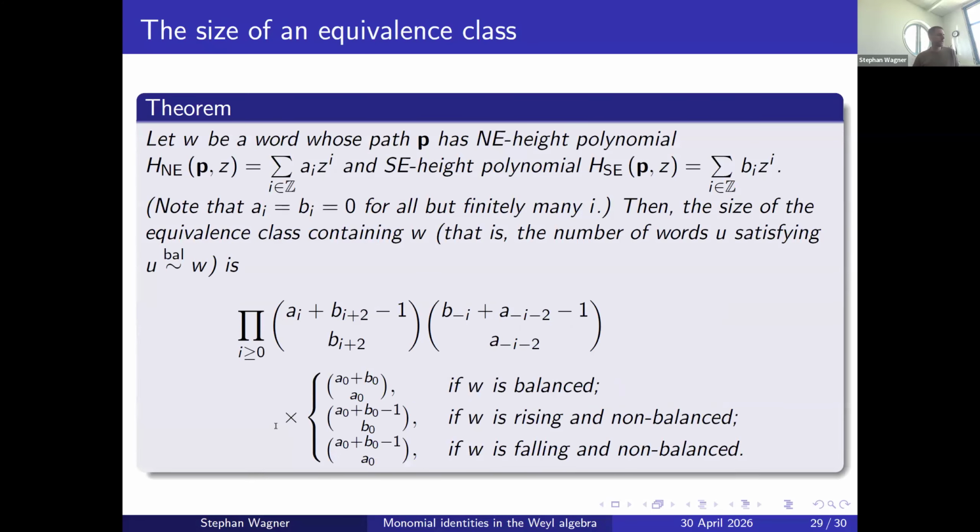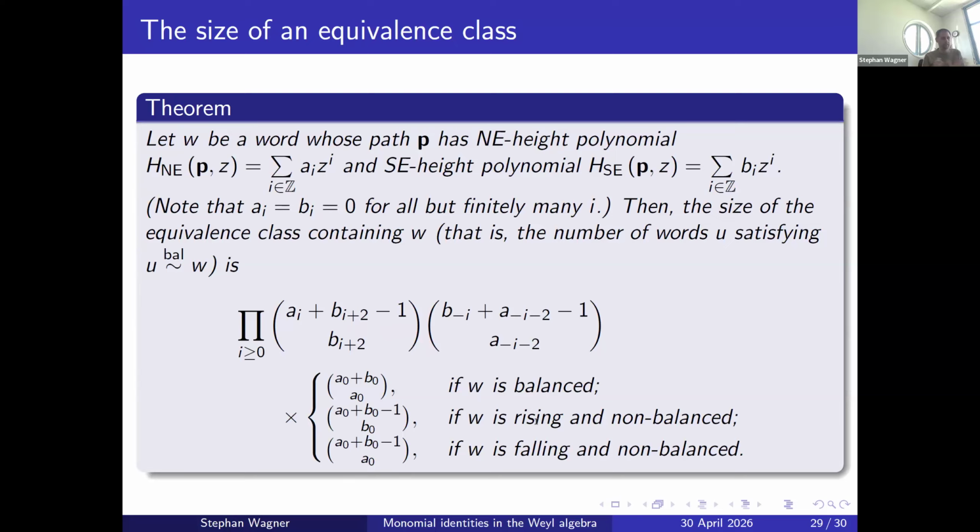The final enumerative question is, if you give me a word, how many words are equivalent to it? So what's the size of the equivalence class? And this can be described in terms of these height polynomials again. If you know the height polynomial associated with the path that corresponds to a word, then you can say exactly how many words are equivalent to your given word, and you can express it as a product of binomial coefficients, basically.